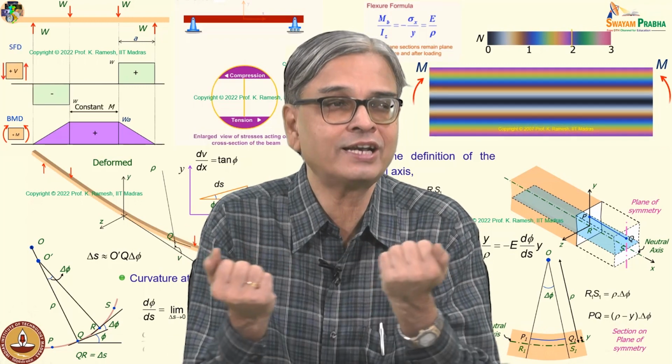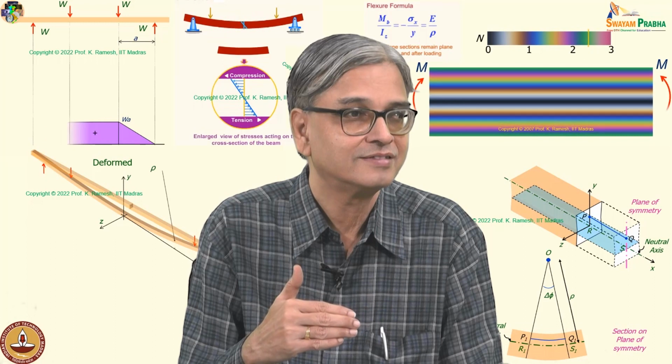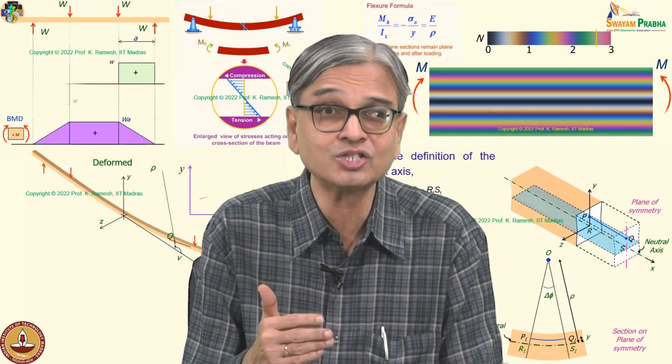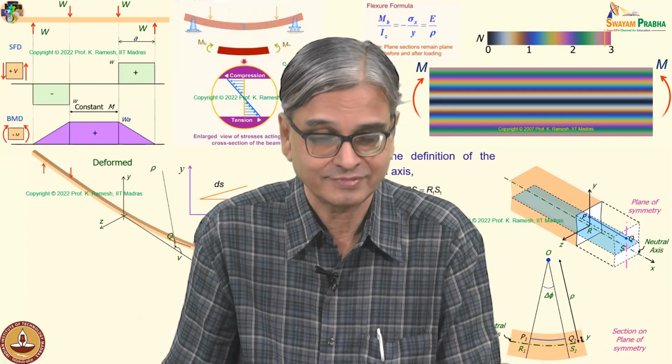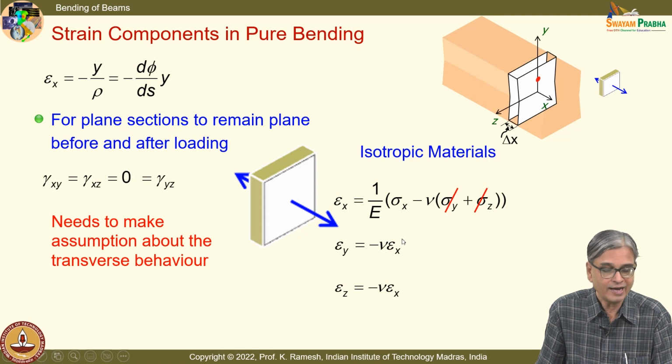When there is strain in one direction, what happens to the other two directions? You will also have strain because of Poisson's ratio. You cannot ignore that. So, I will have epsilon y equal to minus nu times epsilon x. So, it indicates when there is an elongation, there will be a contraction, and vice versa.